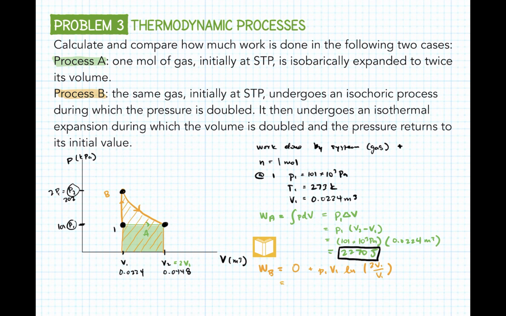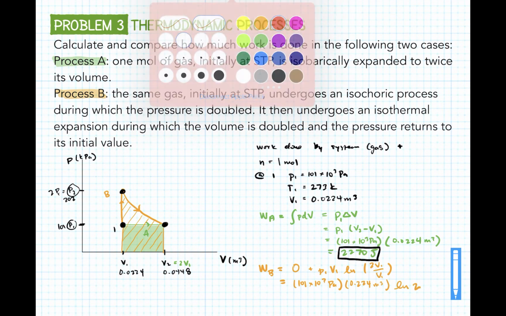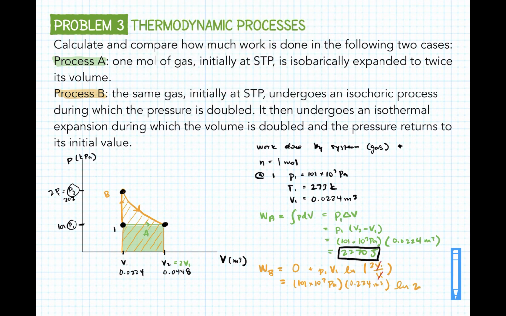So this whole thing gives us 101 times 10 to the third pascals, times our initial volume, 0.0224 meters cubed, and then the natural log of 2, because as you can see, the V1's cancel here.